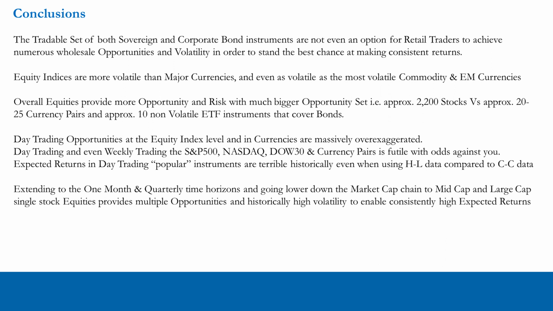What we also realize is that day trading opportunities at the equity index level and in currencies is massively over-exaggerated. Day trading and even weekly trading, say the S&P 500, NASDAQ, Dow, and currency pairs, is a futile exercise with the odds against you.